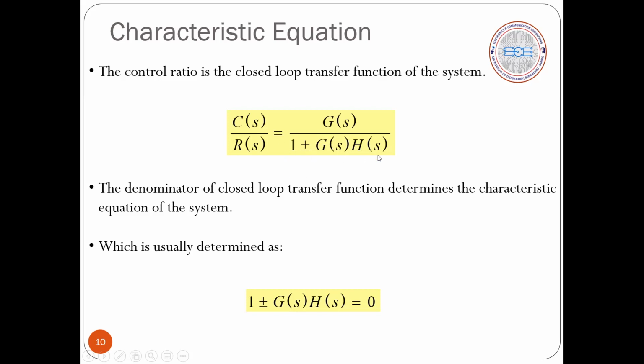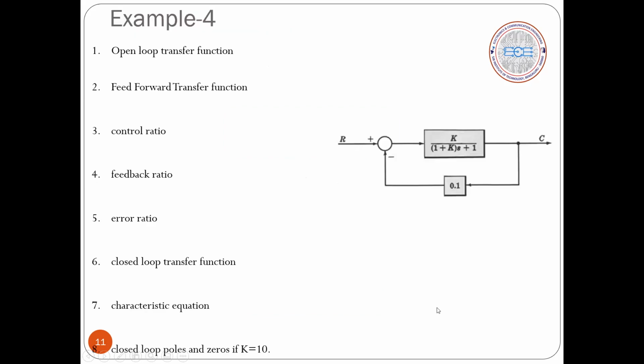So 1 plus G(s) into H(s) is what we call the characteristic equation of a transfer function. Okay, so we have an example here. This is the canonical block diagram representation of a feedback control system.